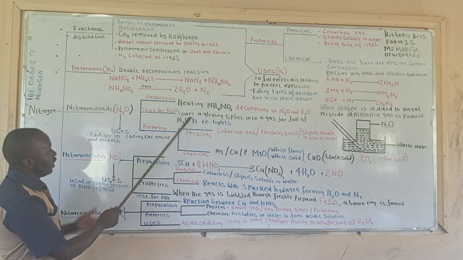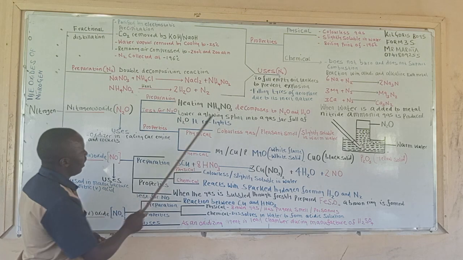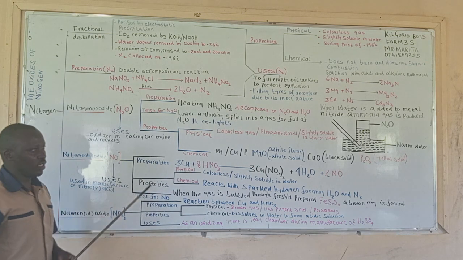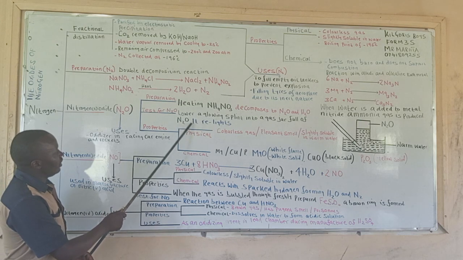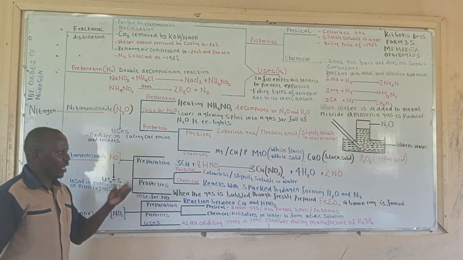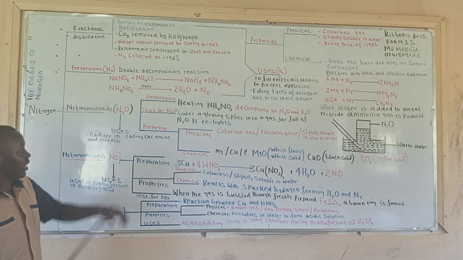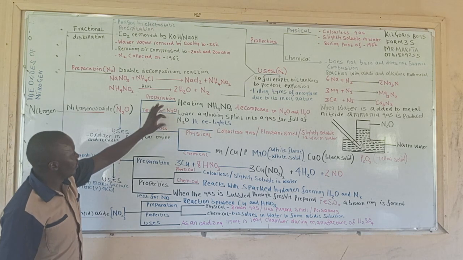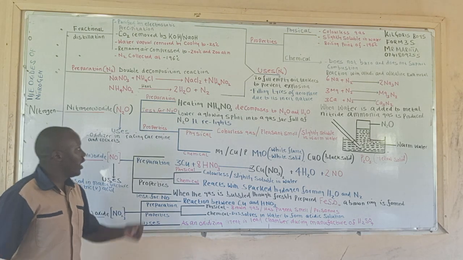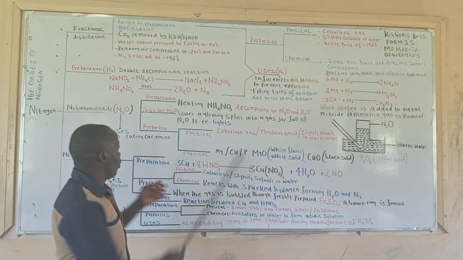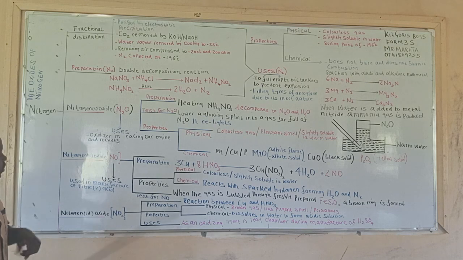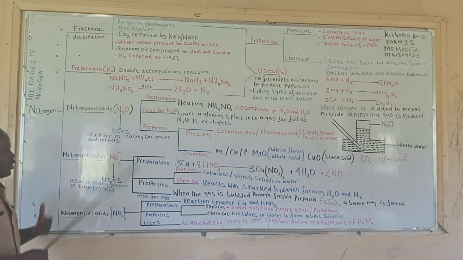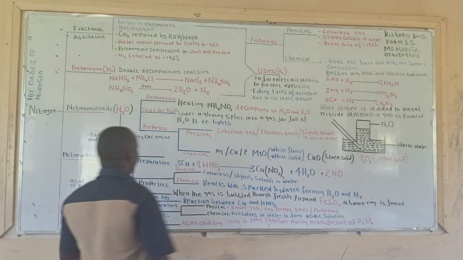So you lower a glowing splint into a gas jar full of nitrogen 1 oxide. What will happen here? The gas relights the glowing splint. So simply you can test the gas: it relights the glowing splint. You lower a glowing splint into a gas jar full of nitrogen 1 oxide, whereby it will relight.